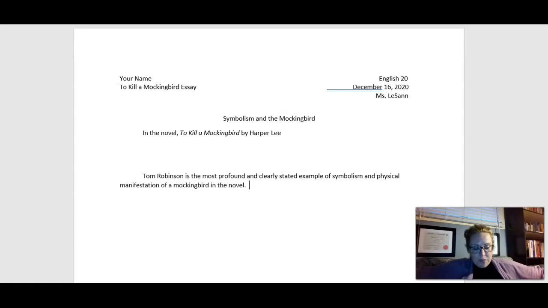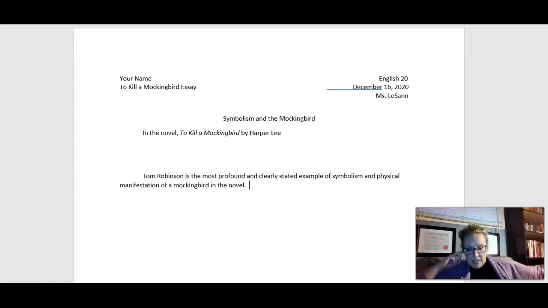Then what I would do is provide two reasons why I think that he is a very clear, very profound example in the novel of the symbolic mockingbird.